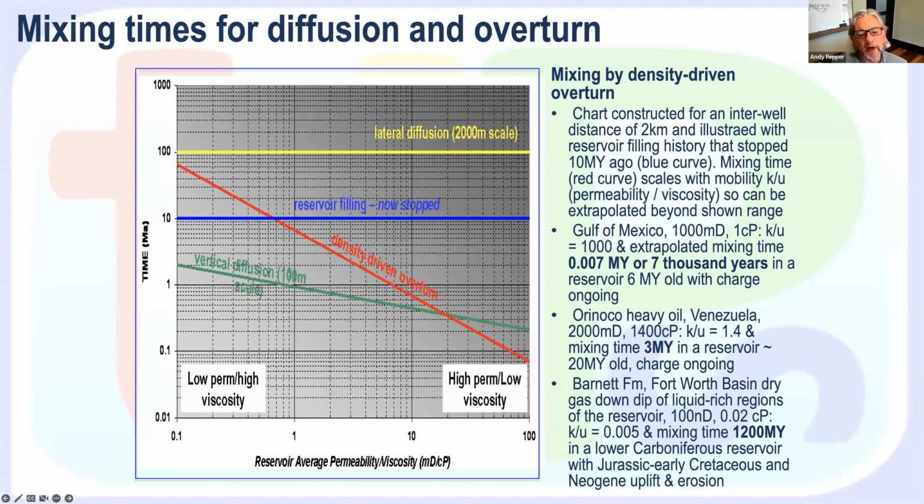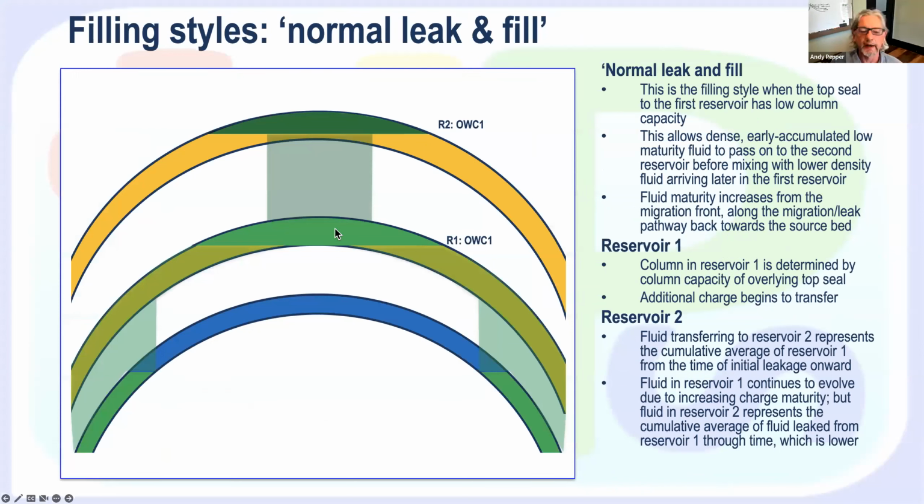The other thing that's really important to understand is what I'm going to call mushroom filling. This is more like a typical Gulf of Mexico reservoir; generalizing, most behave like this.